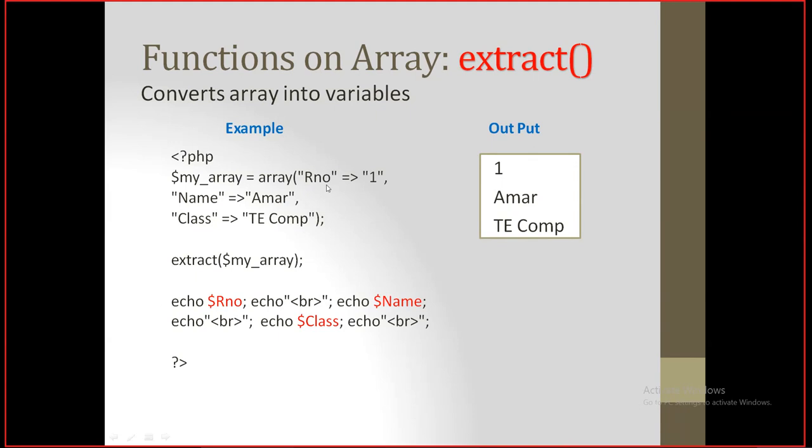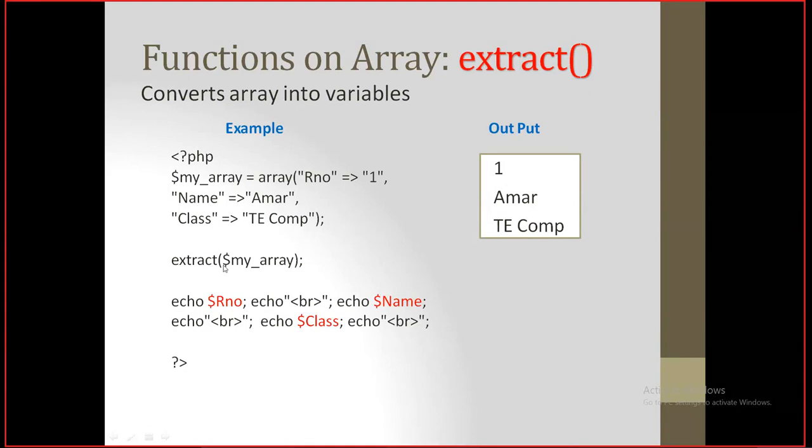So here you can see we have an array whose name is my array, and it is a named key array. It has a key called roll number with the value 1, a key name with the value Amar, and another key class, with tcom as the value.